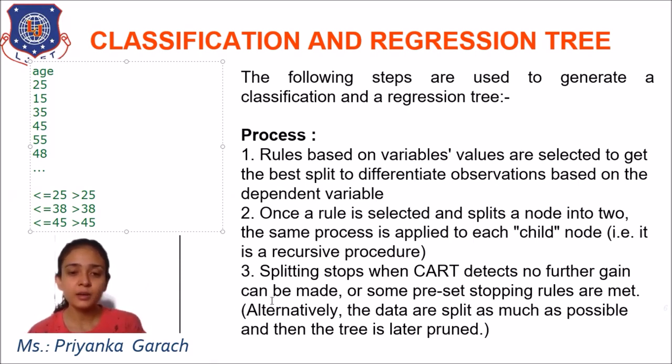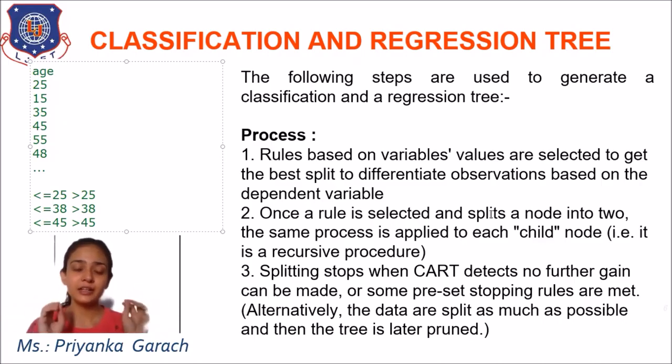Then comes splitting stops when CART detects no further gain can be made or some preset stopping rules are met. It means if we have predefined where we want to stop our tree, at that particular point the tree splitting will be stopped. Or, if in my data set I have 5 different attributes and 5 different internal nodes are created in my decision tree, then after that no attribute is left to split in my data set.